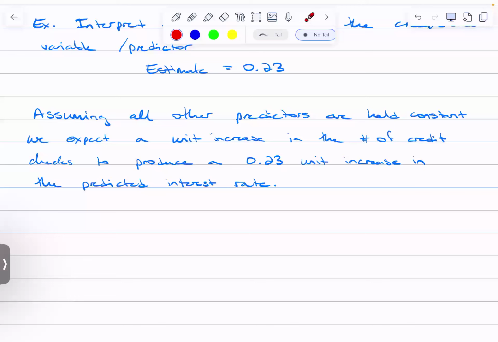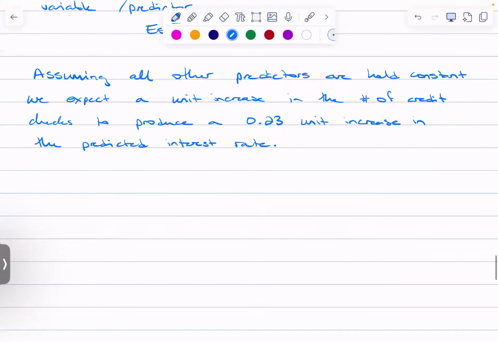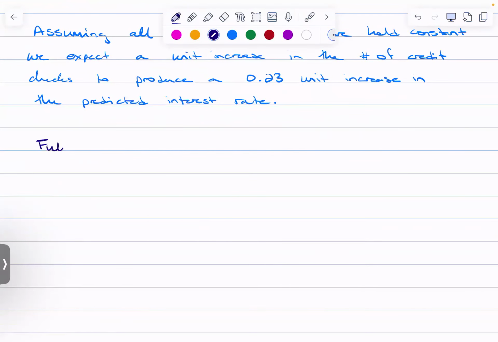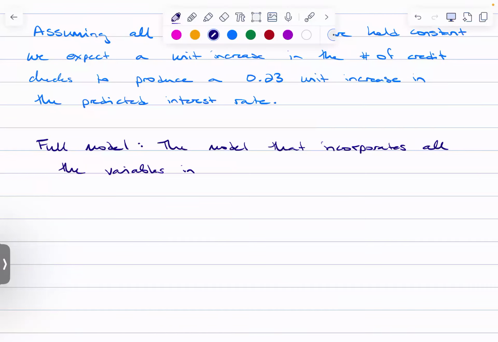So we built a model with all the variables from our data set, which we call the full model. The full model is the model that incorporates all the variables in your data set.